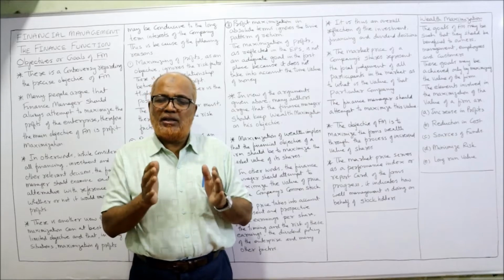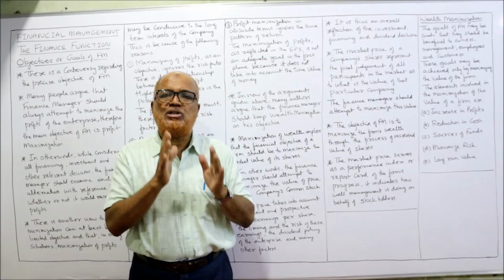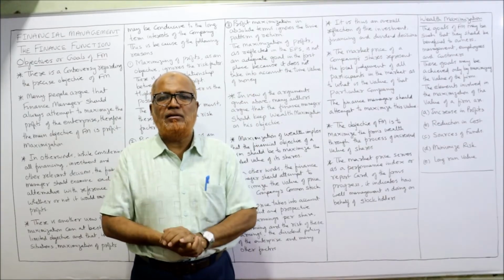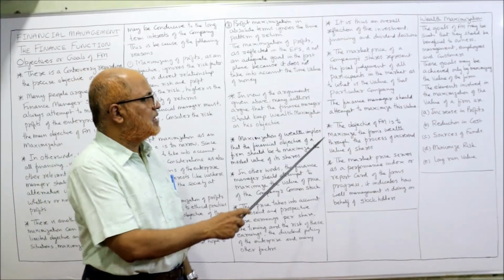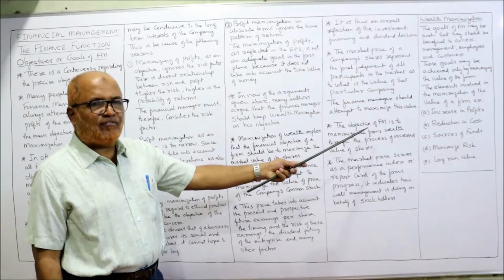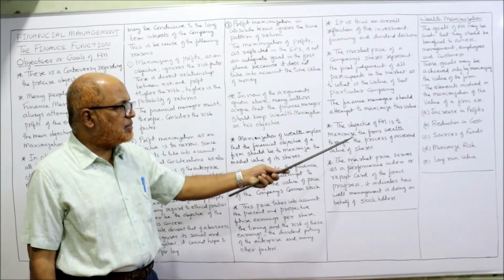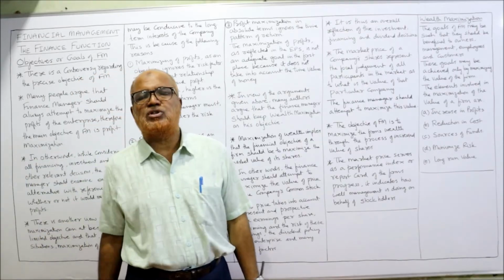So here, the finance manager should also keep his objective as maximizing the share price. In this way, maximizing the wealth of the shareholders. The finance manager should attempt to maximize this value. The objective of financial management is to maximize the firm's wealth through the process of increased value of shares.